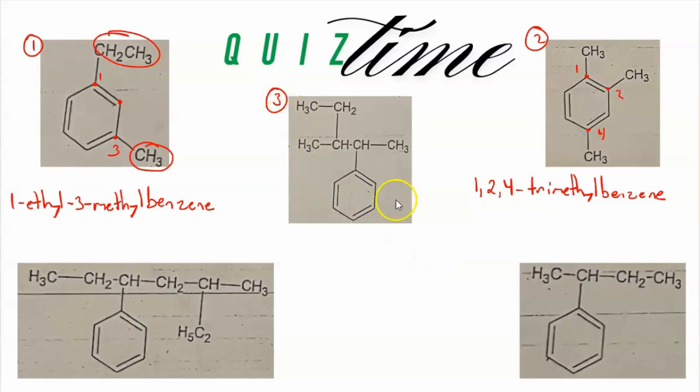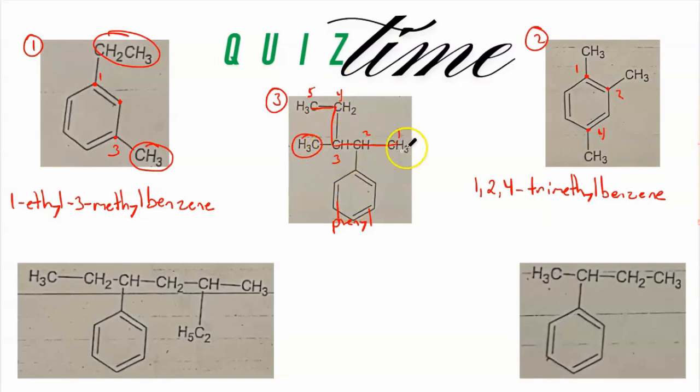All right, number 3. This is our second way of naming because it looks like we've got a nice long carbon chain here. And attached to it, we have a methyl group and a phenyl group. So it's going to make more sense to start counting from over here. The methyl group is going to be on the 3rd carbon.